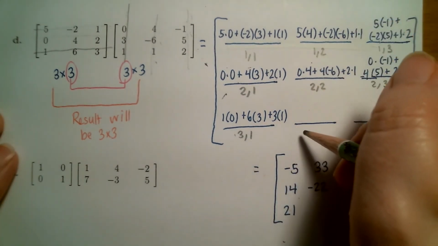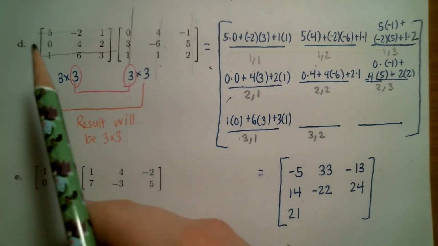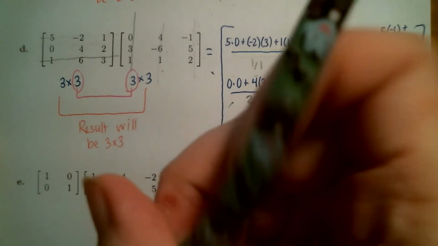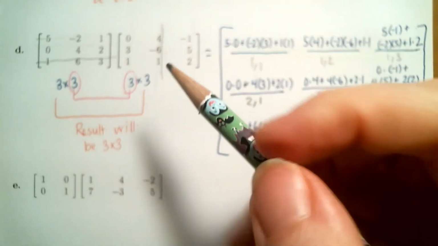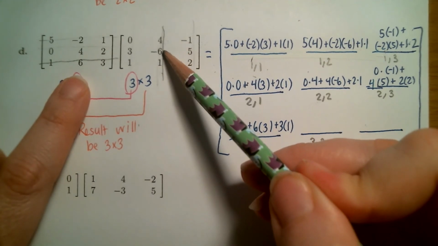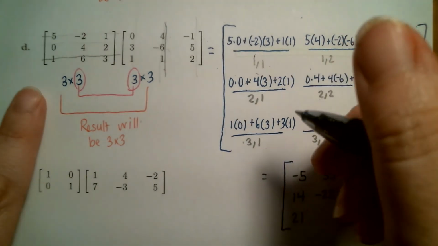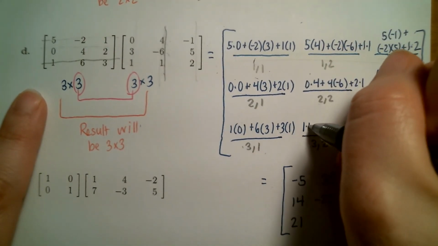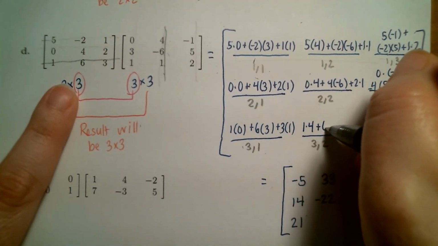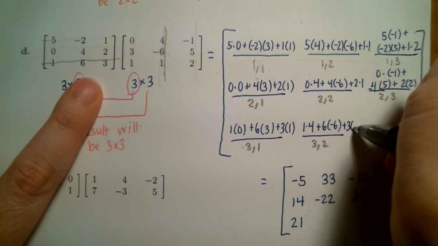Now this is in the third row, second column. So we're going to do the dot product of the third row, change it to be the second column. So it's going to be 1 times 4 plus 6 times negative 6 plus 3 times 1. Let's write it down. We're going to have 1 times 4 plus 6 times negative 6 plus 3 times 1.